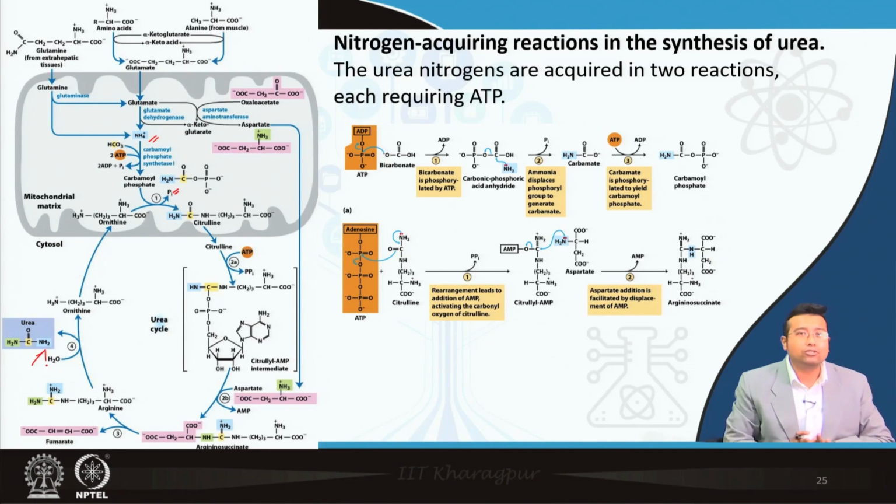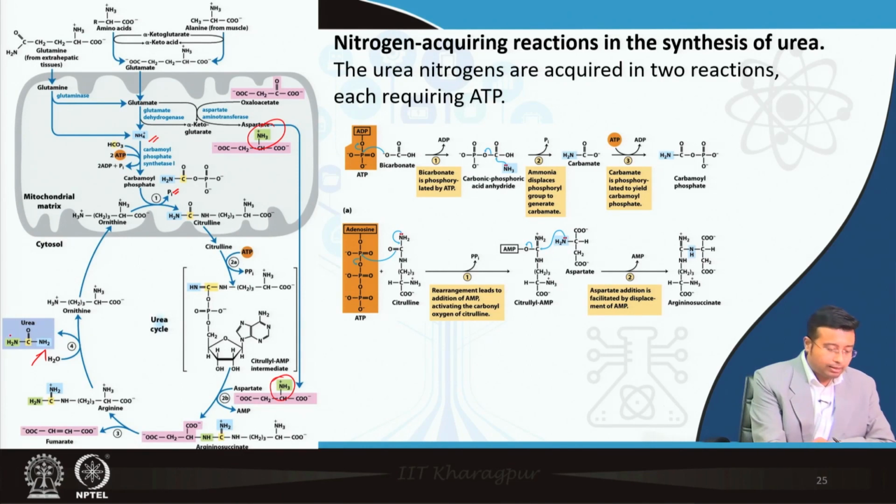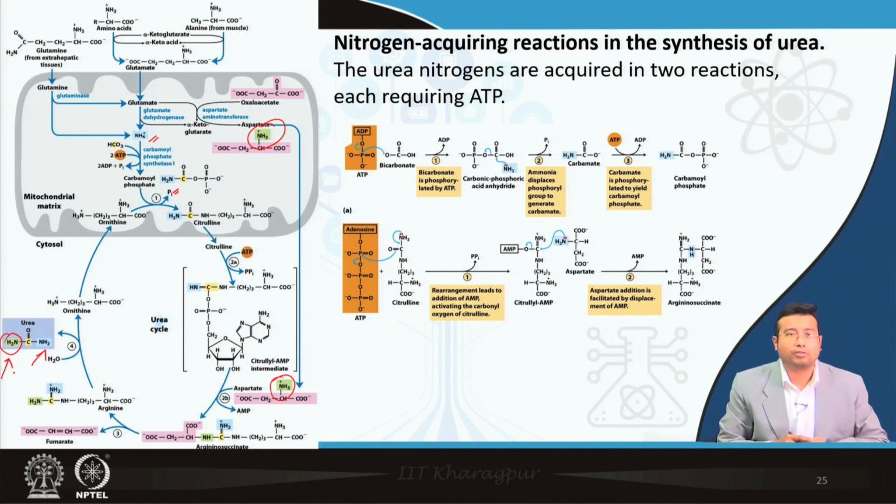Where is the second nitrogen coming from? The second nitrogen is the green one, which is coming from aspartate via this reaction. So, the first nitrogen is from ammonia via carbamoyl phosphate, and the second one is from aspartate, alright.